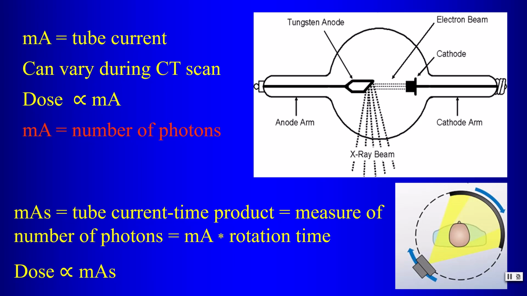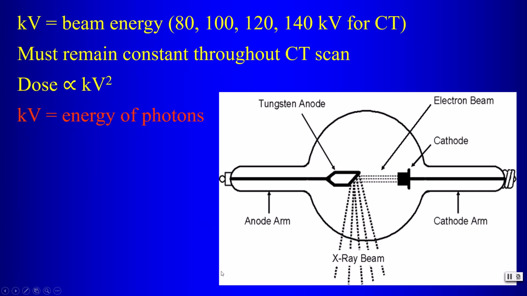But if your rotation time is less, if it's half a second, then your mAs will be 150, which means that with the same tube current, shorter rotation times will deliver a smaller dose. So that's why we use the product here, the mAs, as the part that is important, and that turns out to be directly proportional to the dose in your particular protocols.